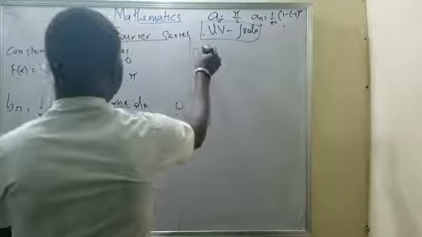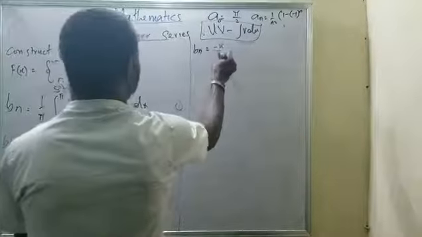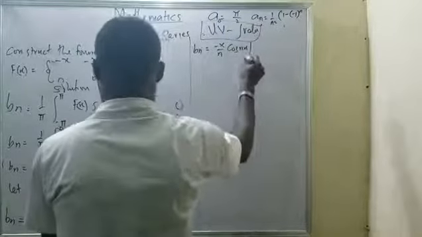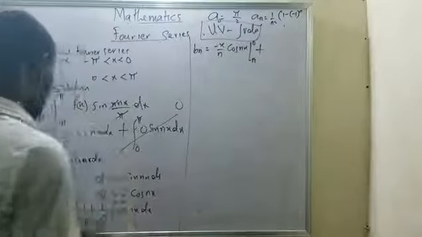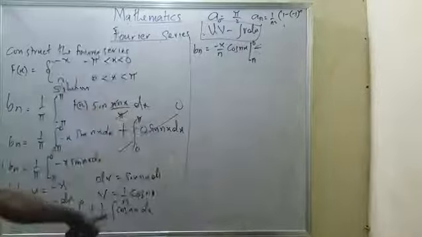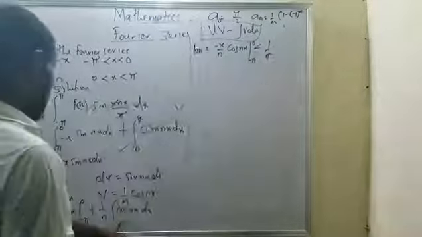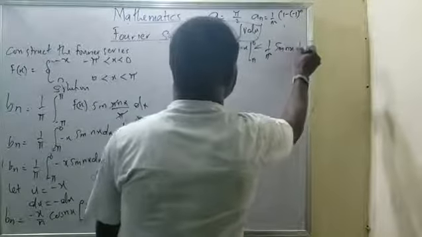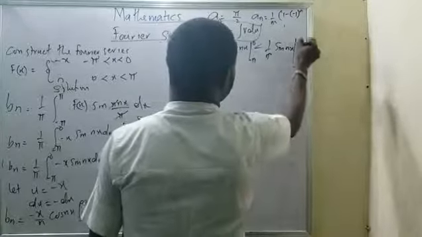b of n equals minus x all over n cos nx from minus pi to 0, plus, if I integrate this, minus 1 all over n squared sine nx, in the bracket of minus pi to 0.